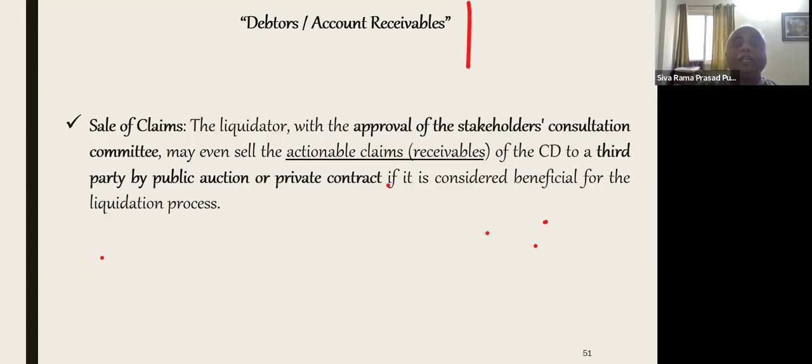But actually, this applies if the prospective resolution applicant is not willing to take them. Otherwise, the total is to be given to the resolution professional.